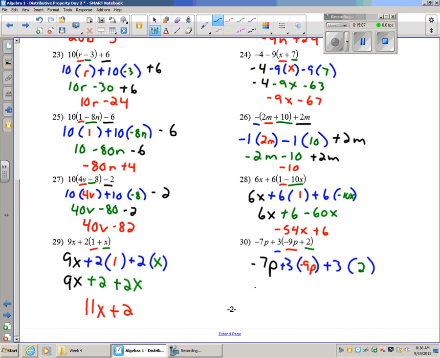Again, the negative 7p just drops down. 3 times negative 9 is negative 27p. 3 times 2 is 6. Combining like terms here, you have negative 7p and negative 27p. That's negative 34p plus the 6.